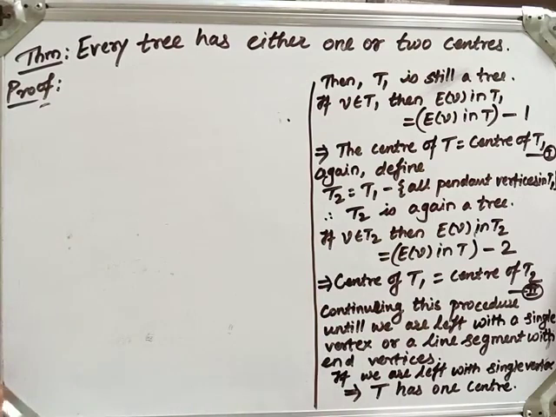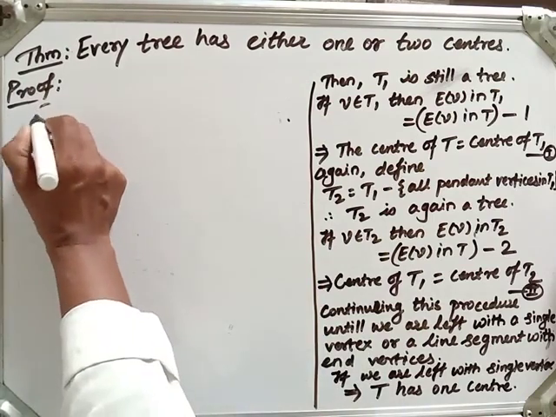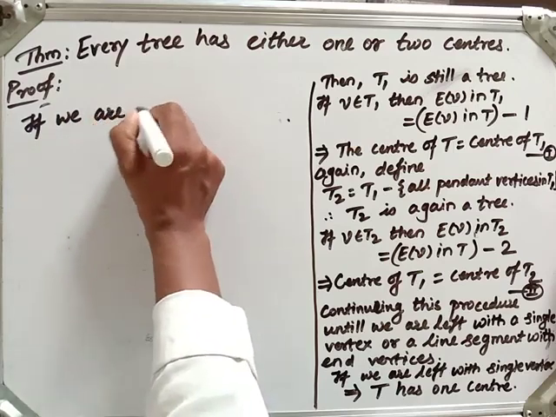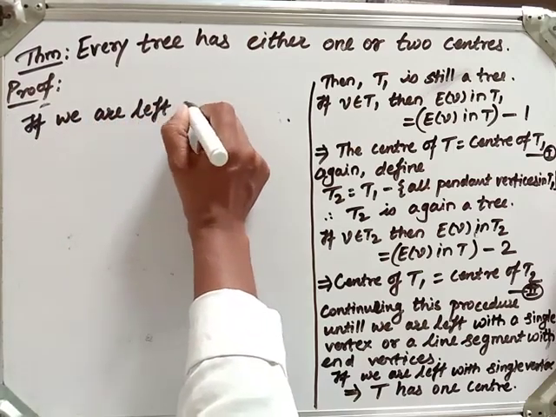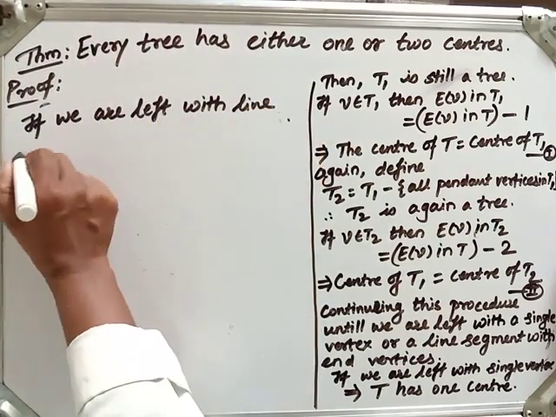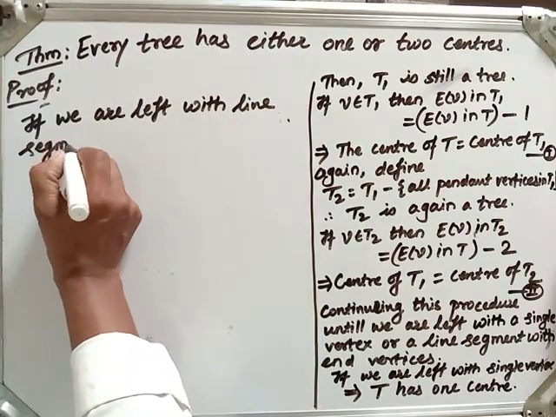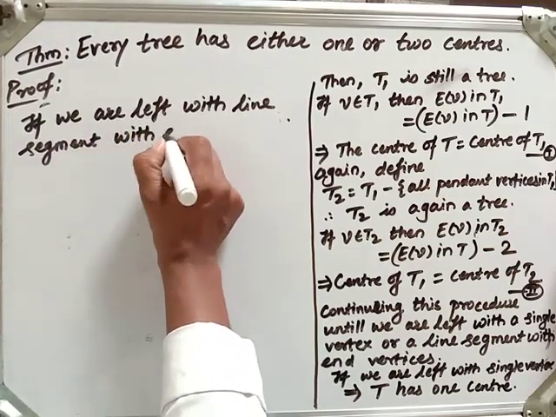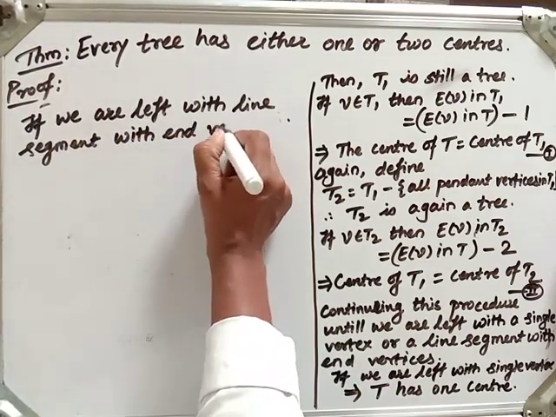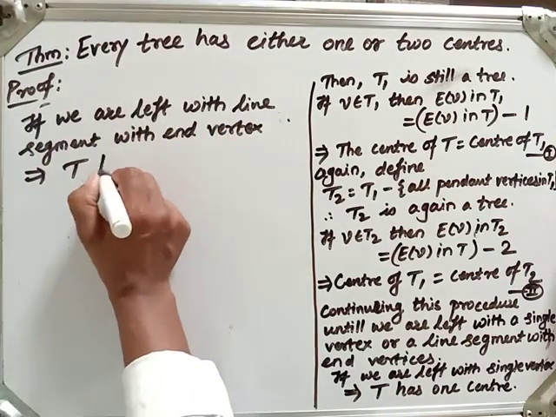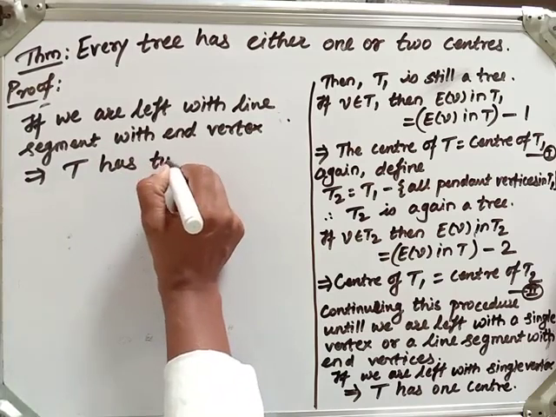So that part we need to write again. Now the other possibility: if we are left with a line segment with end vertices, that gives T has two centers.